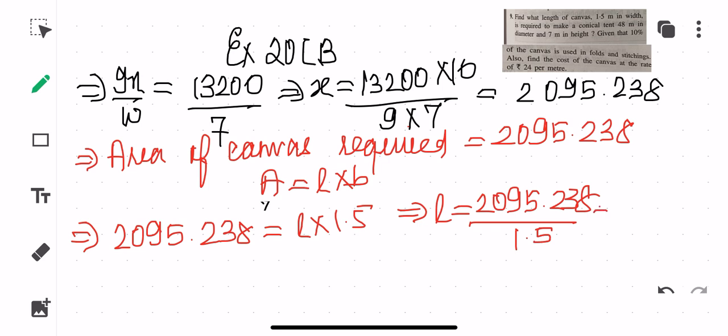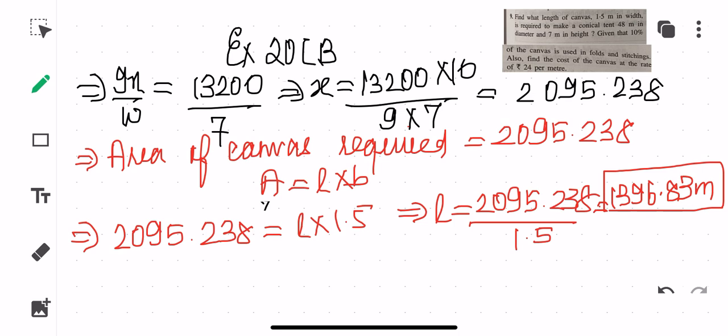So this we calculated and this is coming out to be equal to 1396.825, or else you can write this as 1396.83 meter. So this is the answer that has been given in the back of your textbook, children. I told you in the session that it might be because of the change in the value of pi, but actually there was this other method that was required in the second half of the question.